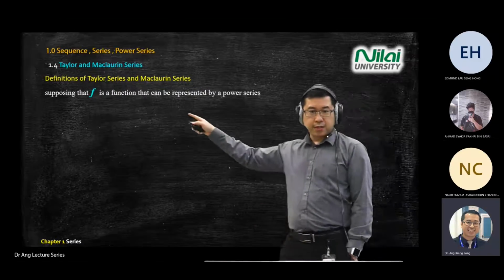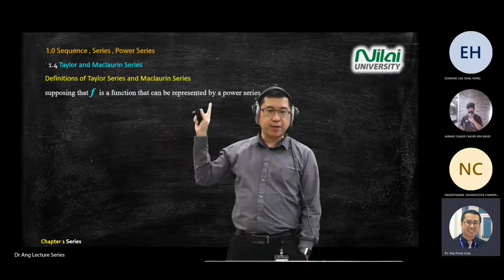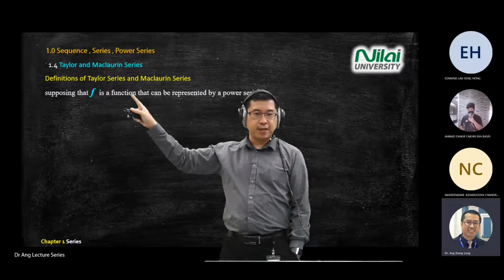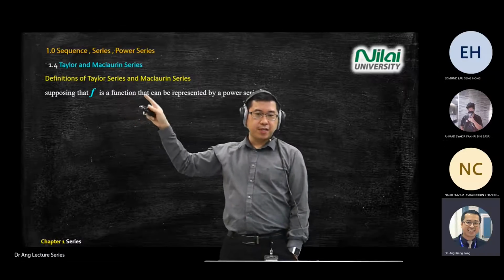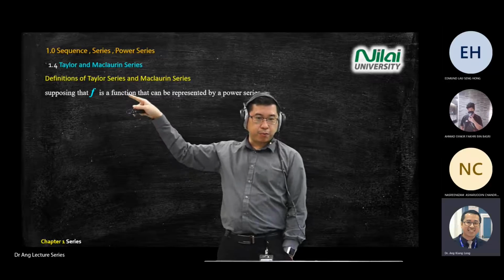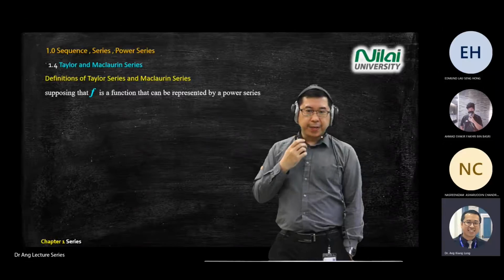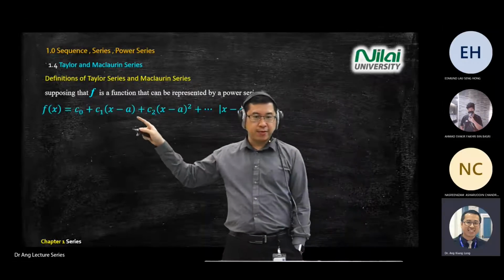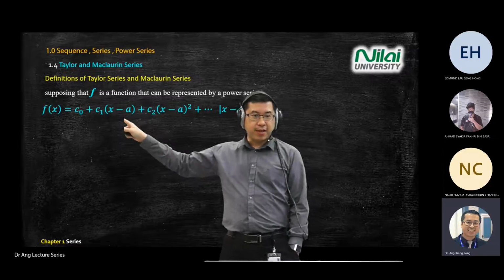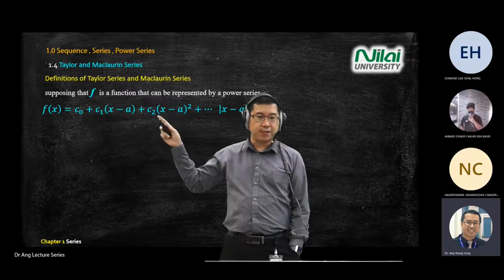Okay. So just now, before the break, we mentioned that we can put a power series in function pattern, f of x. In short form, I will just write the blue color f there. It represents function. We write the function equal to c sub 0, the first number.